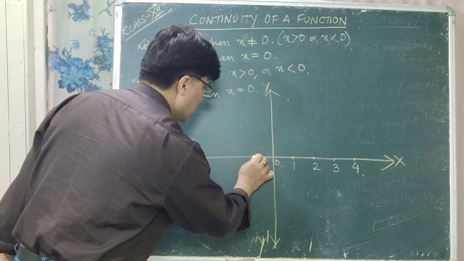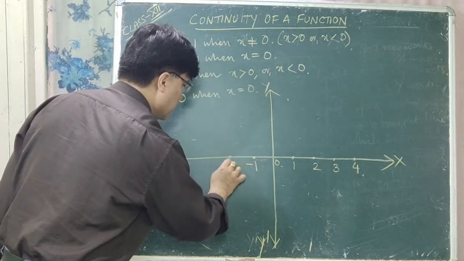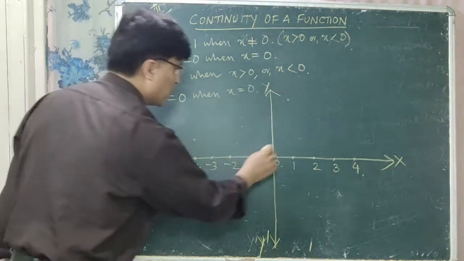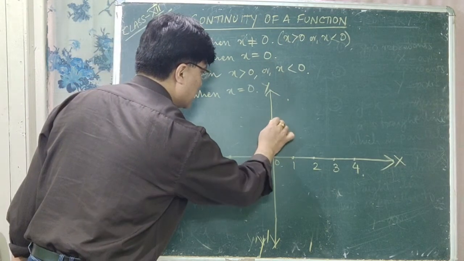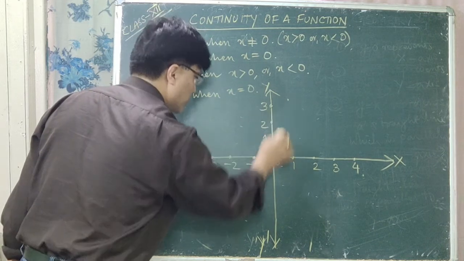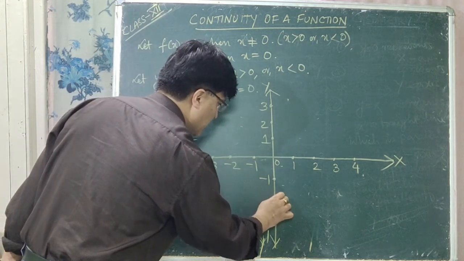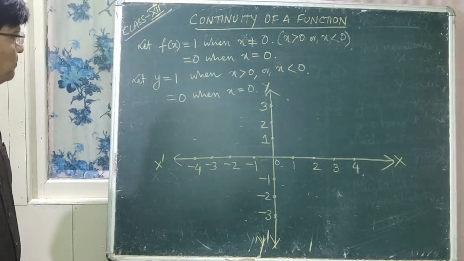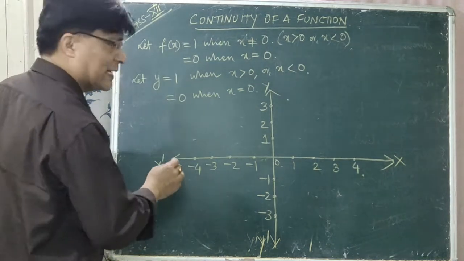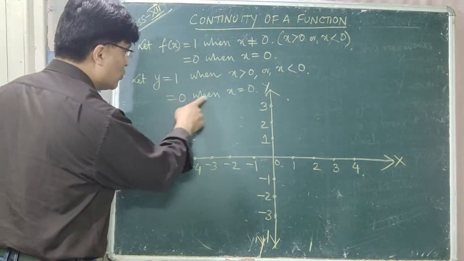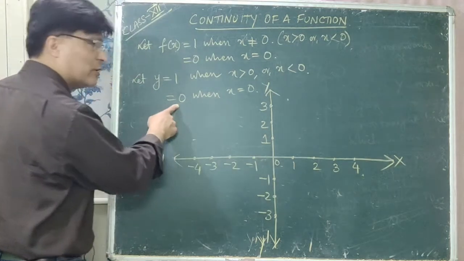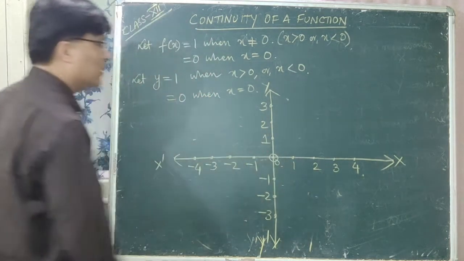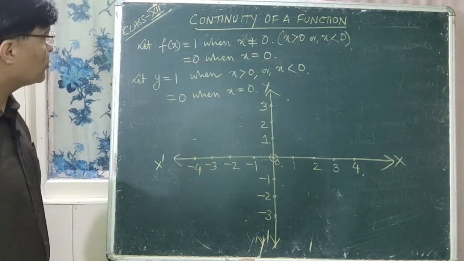This is minus 1, minus 2, minus 3, minus 4 and so on. Now in this case, y is equal to 0 when x is equal to 0. That means 0, 0 is a point, which is the origin. Is that clear to all of you?